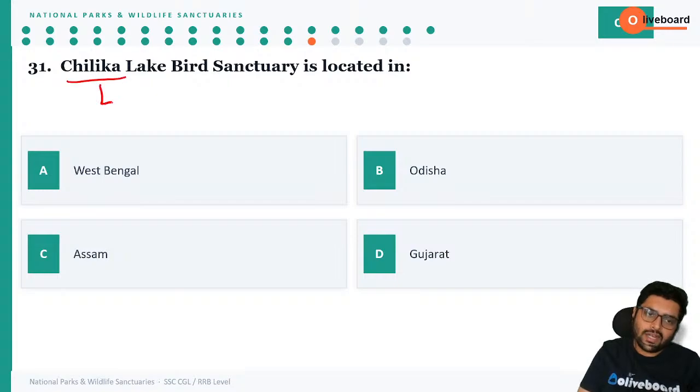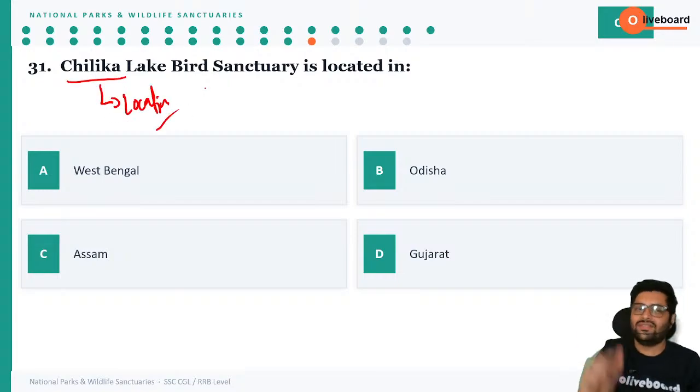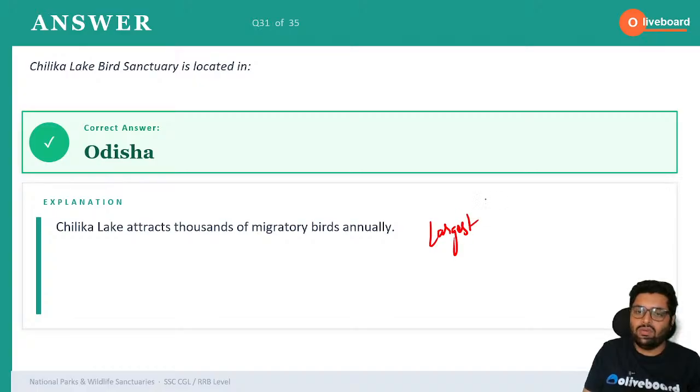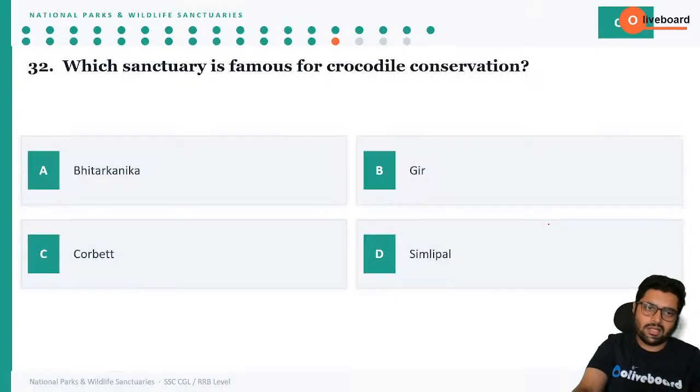So for this, you should know where Chilika Lake is. If you know the Chilika Lake location, this question is a simple question for you, correct? So it is Odisha, the largest lagoon of India, correct?